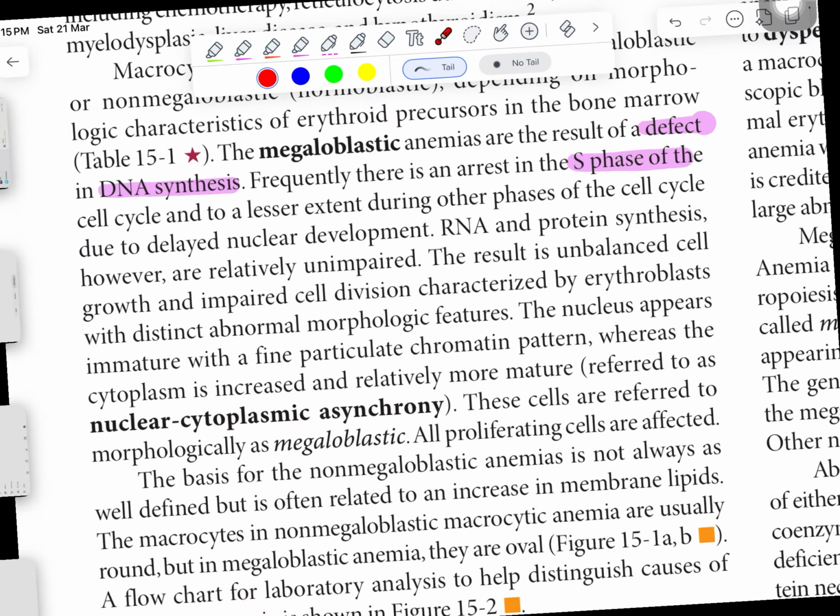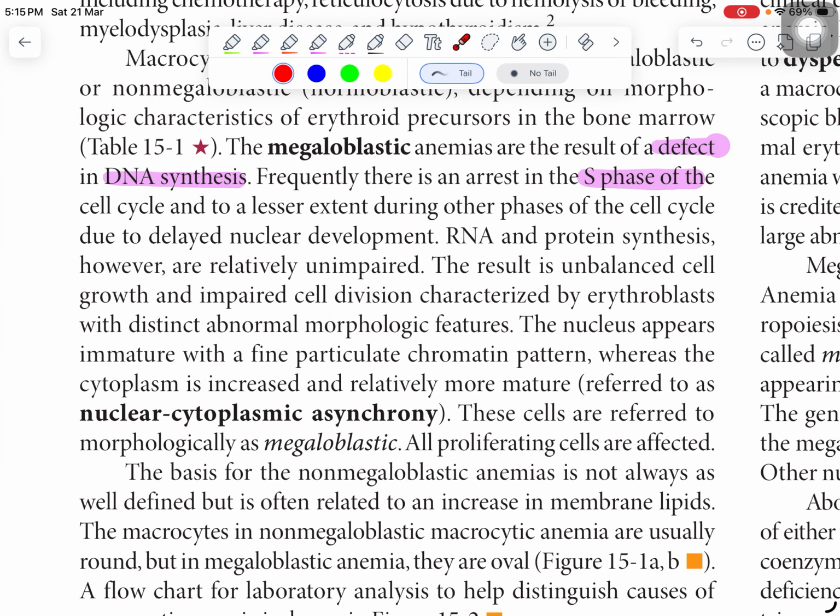And to a lesser extent, other phases of the cell cycle are affected due to delayed nuclear development. RNA and protein synthesis, however, are relatively unimpaired. The result is unbalanced cell growth and impaired cell division, characterized by erythroblasts with distinct abnormal morphological features.